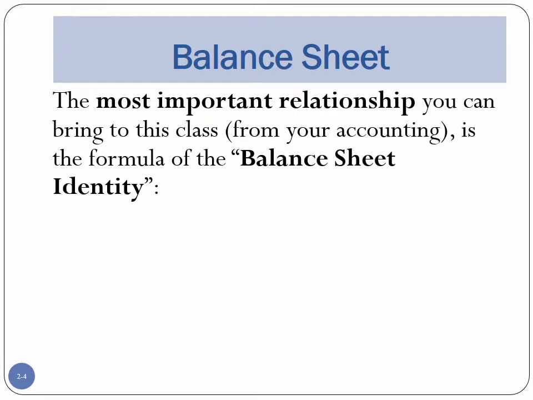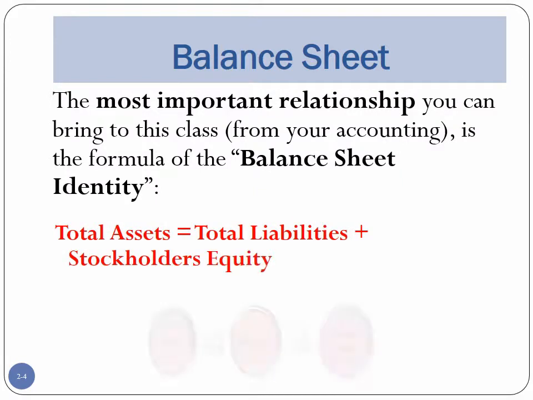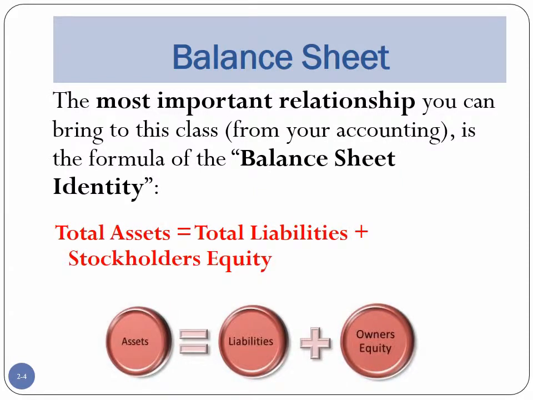The most important relationship you can bring to this class, from your accounting if you've had accounting, or that you can gain from this class, is the formula of the balance sheet identity. This is very important. Total assets equal total liabilities plus stockholders' equity. So what you have is equivalent to what you owe on it and who owns it.